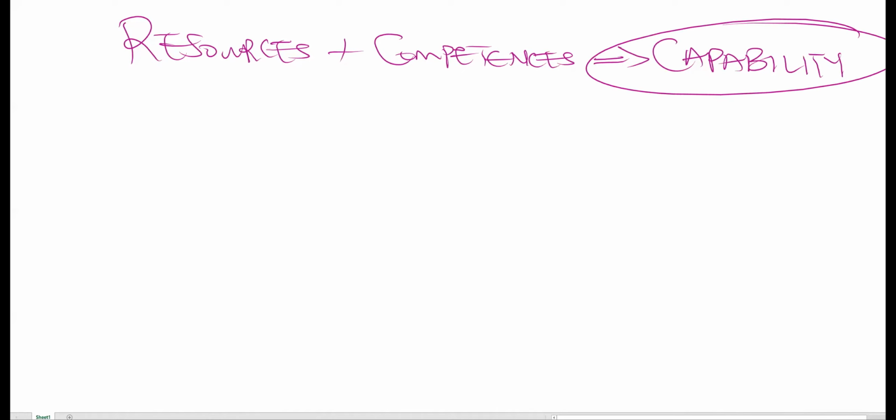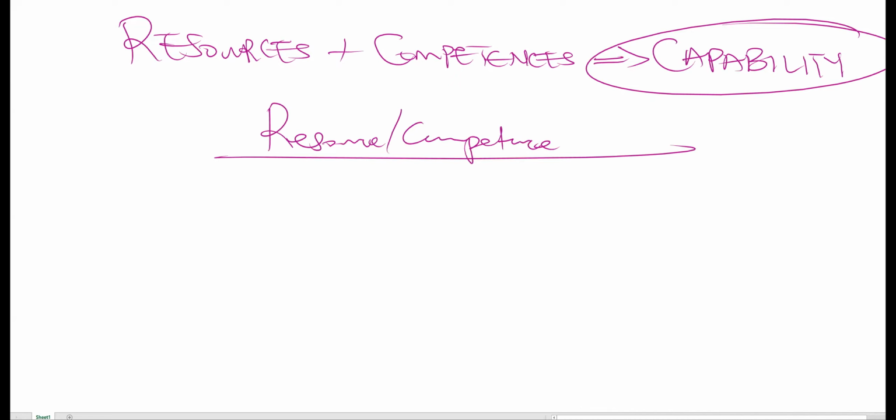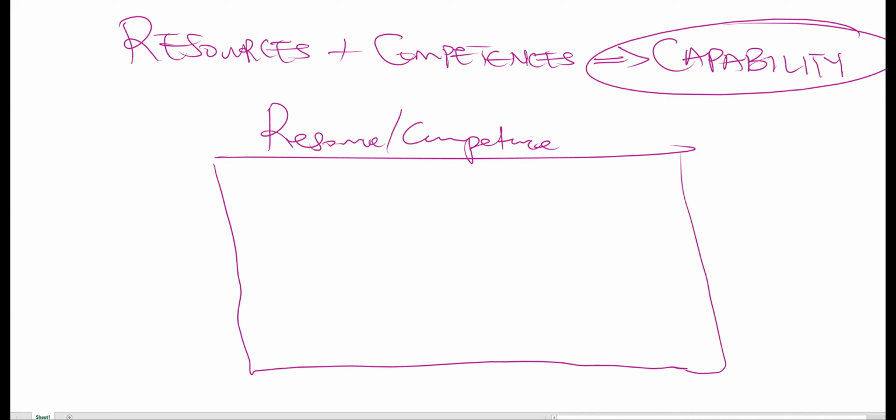So in that case, if I should do a resource or competence matrix, we can know how we can attain strategic capability. So let me put it here like this. Resource and competence matrix.